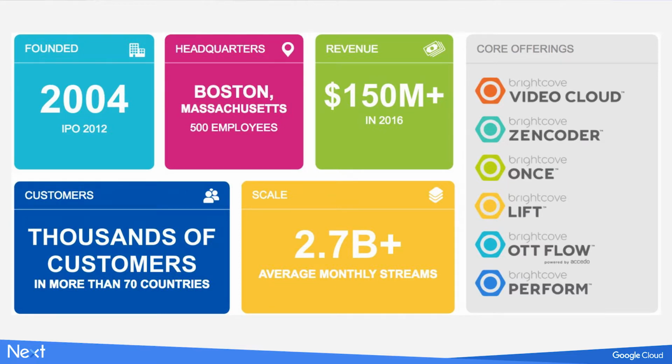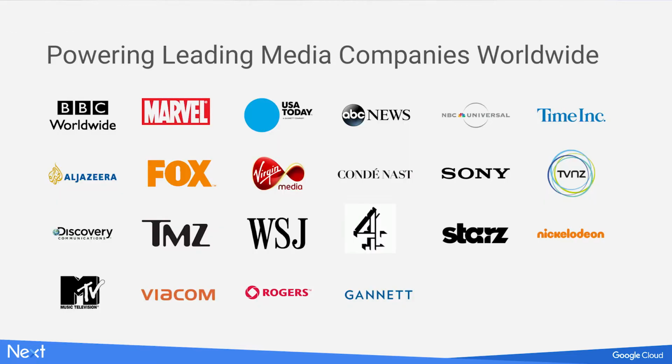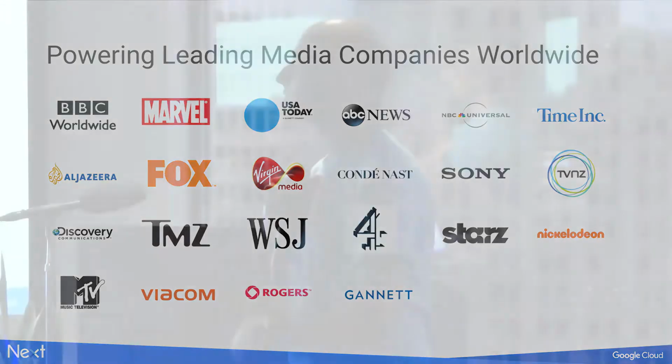That said, there are lots of companies who want to put video out there. As you can see from this list, there are companies which put out content like news, which needs to be out there right now. You need to measure how it's doing and take it off when it's not doing well. Or you have content like The Walking Dead.